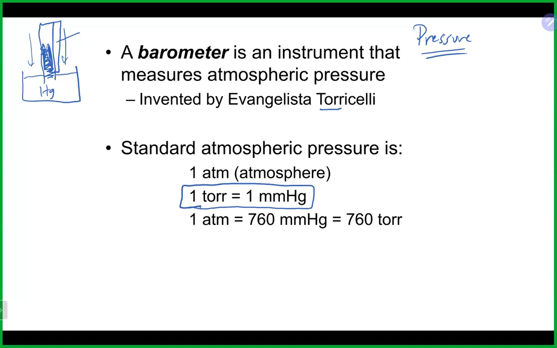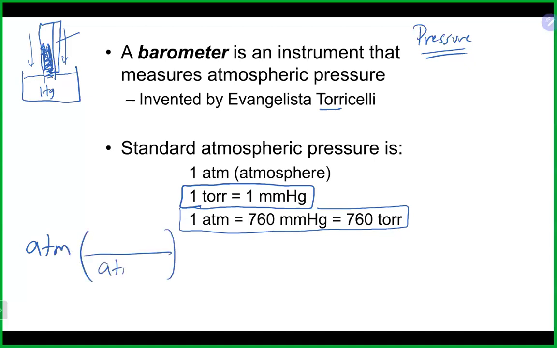The relationship between atmospheres, millimeters of mercury, and torr: 1 atmosphere is 760 millimeters of mercury, and that equals 760 torr. That means that if you have atmospheres and you want millimeters of mercury or torr, you're going to multiply by the 760 number. That will cancel out the atmospheres, and that will give you millimeters of mercury or torr.